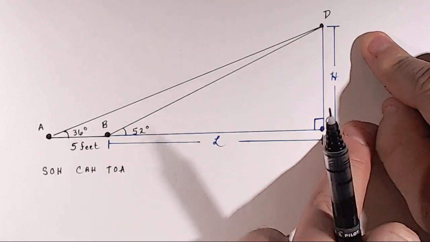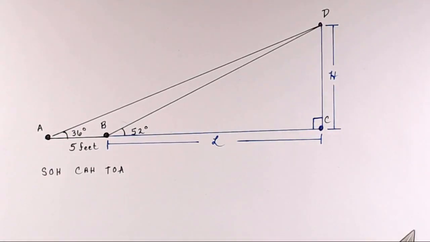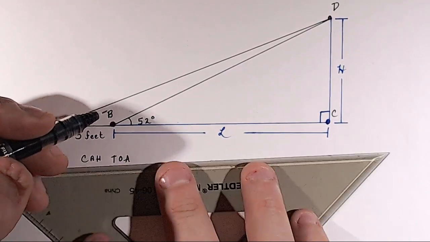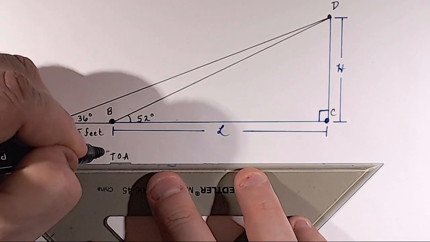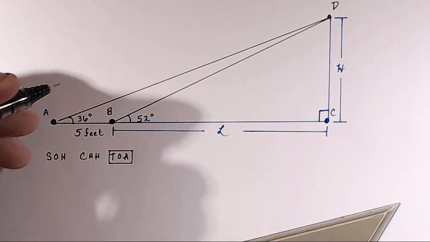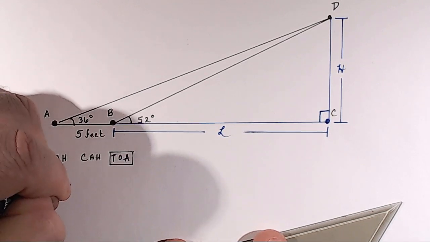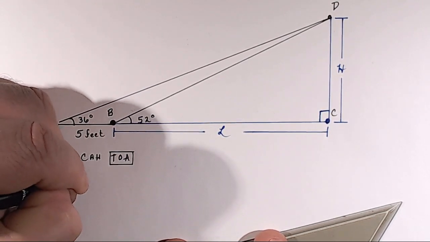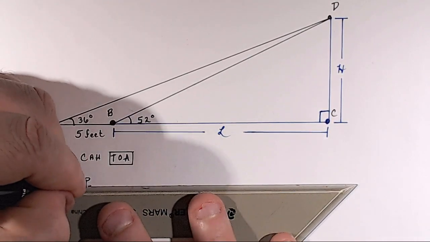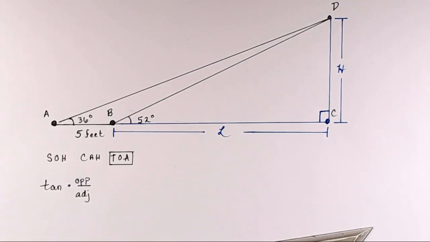So we are concerned with these two sides, the opposite side and the adjacent side. So we are going to focus on the tangent formula. So tangent is equal to opposite over adjacent. Okay?